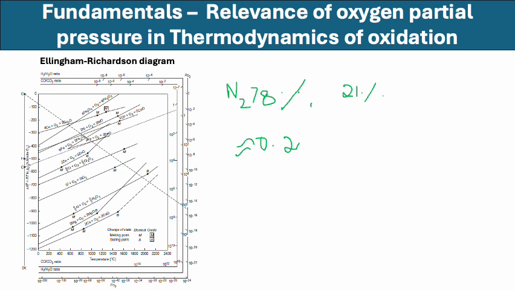So this is for the atmospheric air, but at a given temperature for a metal, just the temperature and the material itself will not determine whether we can oxidize. We need sufficient oxygen partial pressure, sufficient oxygen activity, to form an oxide layer over the metal surface.